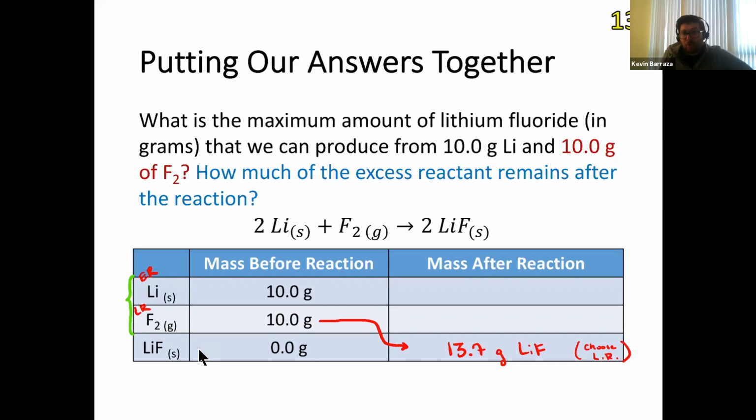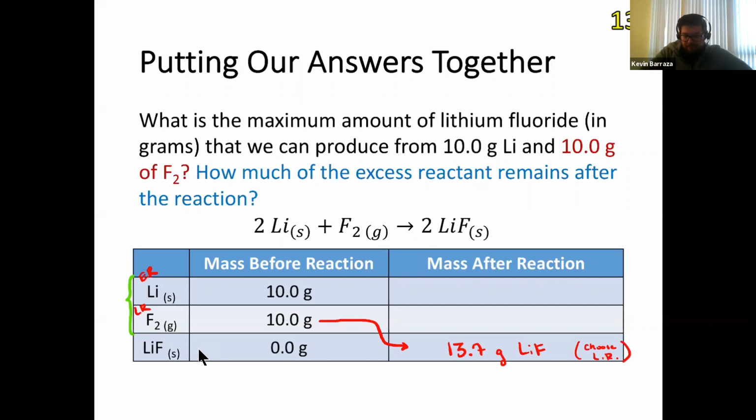So that's 2 important things that we get from doing this. By doing the calculation twice, we can pick the correct amount of product we're going to make. And then we can assign the one that I chose as the LR, and the one that is in excess is the ER, the remaining one, or ones, if there's more.